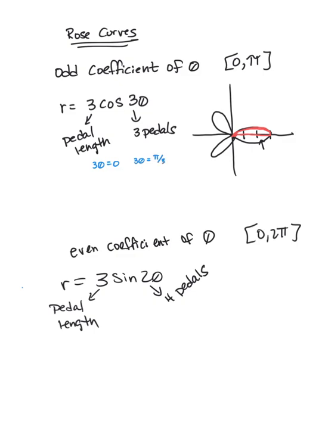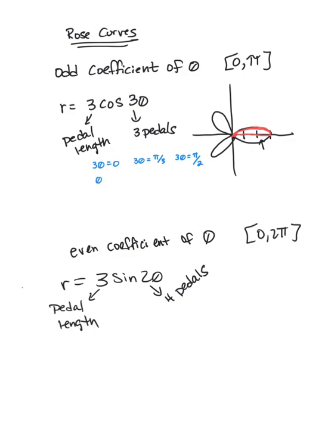I'm going to want 3 theta to be pi over 2, because at pi over 2, cosine is 0. So I'm going to start with these.